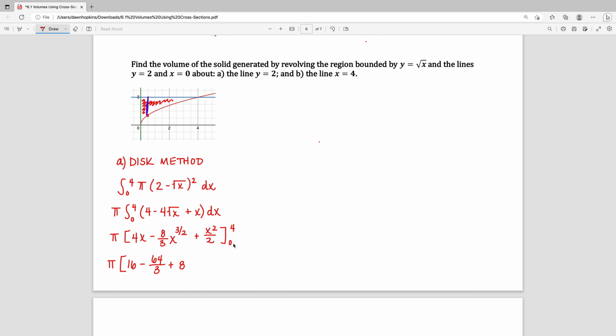If we were to plug in 0 for x, everything would be 0, so I'm not going to worry about that. If we take everything and find a common denominator, which obviously is the 3, we're going to work out to get 8/3 pi as that volume.